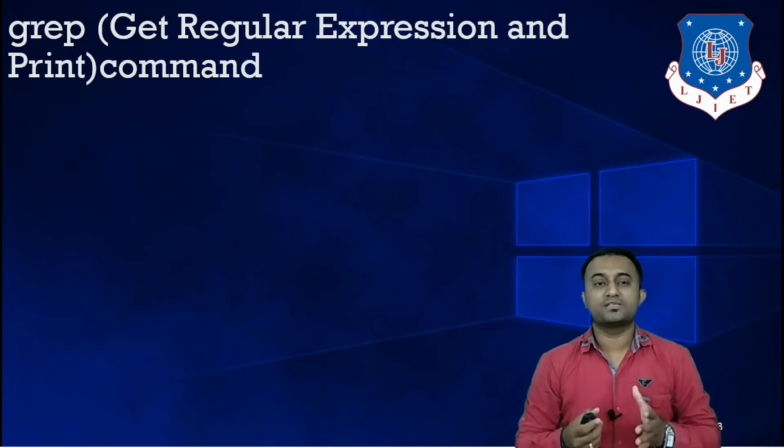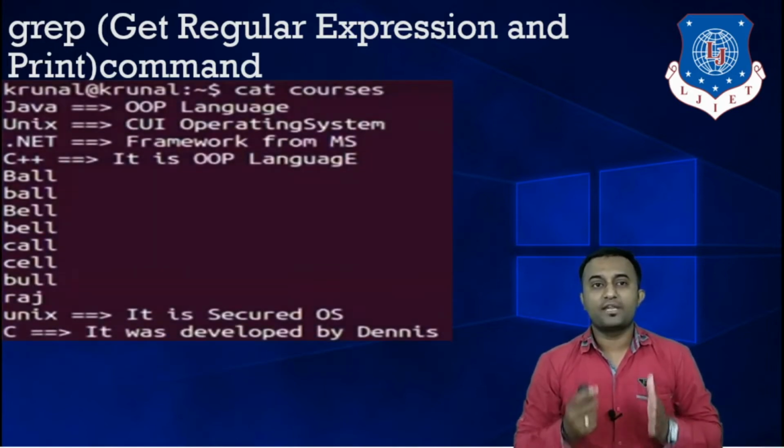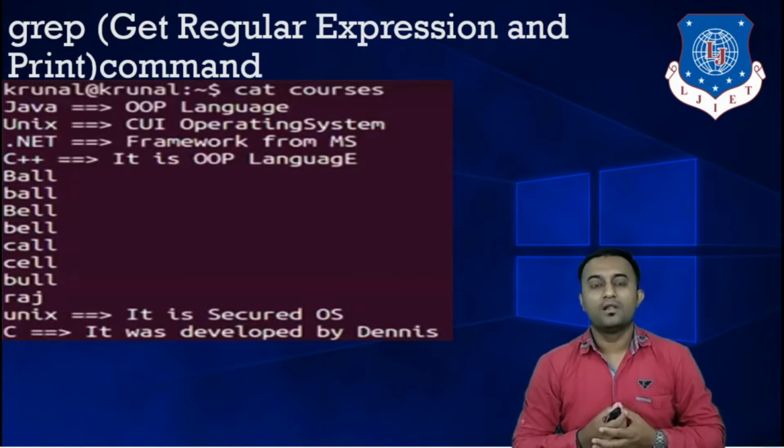So let us discuss everything about the grep command with the help of examples. I strongly recommend that you create one file before executing the grep command. There are two ways through which you can create the file.